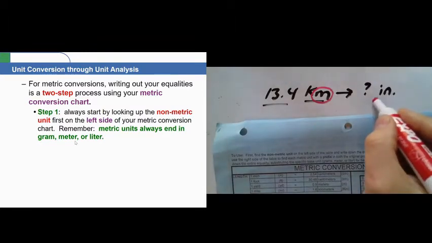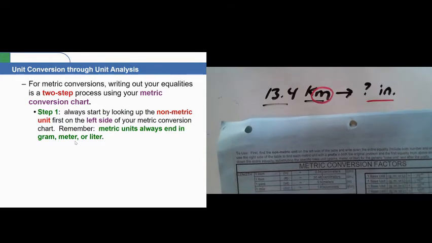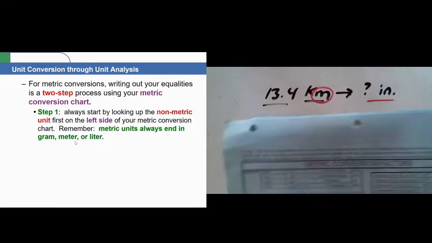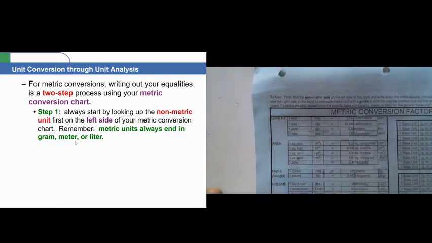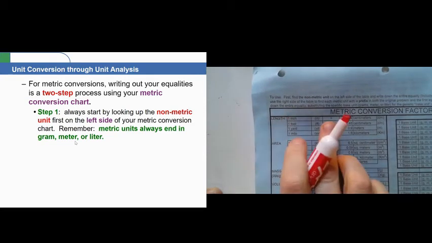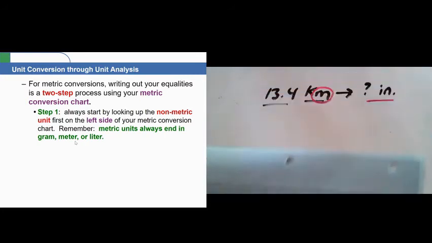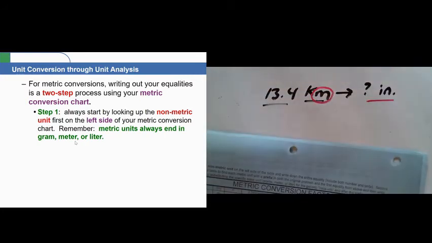The one that doesn't have meters or liters or grams is the non-metric. So we look for the non-metric over here, and we look for inches, and we see it's right here. It says 1 inch is equal to 2.54 centimeters. So I write that down.